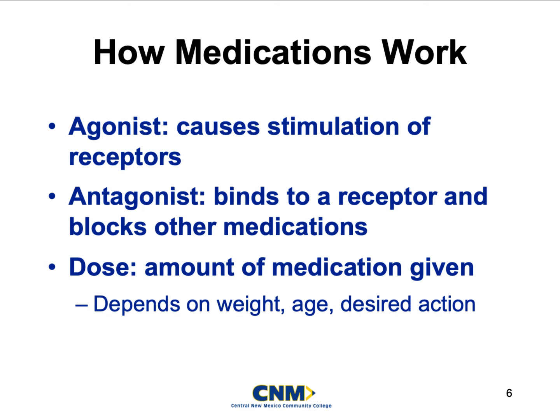So when we're talking about a medication that's an agonist, the agonist actually causes a stimulation to a receptor. You have millions of receptors throughout your body. Specifically, we're going to talk about beta receptors and alpha receptors. Alpha receptors are head to toe.